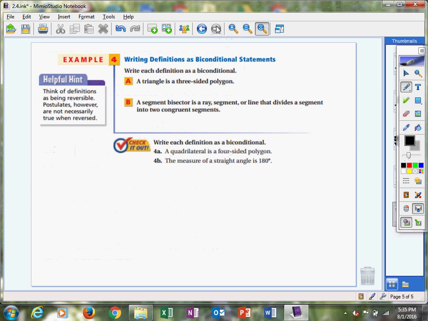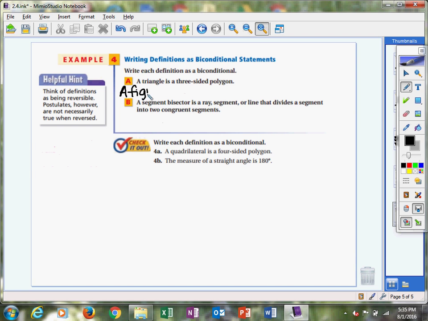Okay, so what we're going to do is practice writing definitions as biconditional statements. And so here's our first example. A triangle is a 3-sided polygon. Okay, so don't overthink this, please. I'm going to emulate the first one.